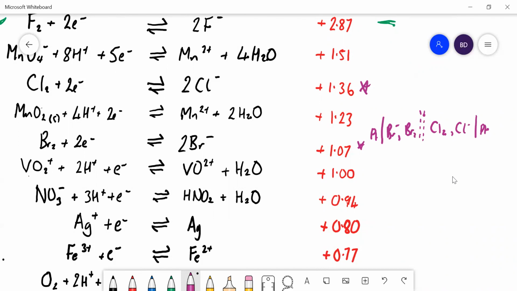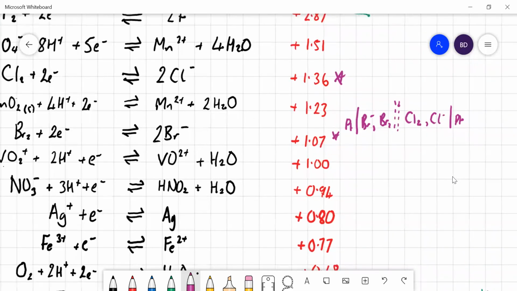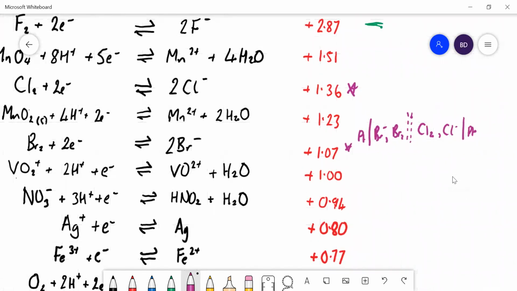Now, if you wanted to know the E cell value for that, what would be the voltage reading for that E cell? The rule is you do E right minus E left. What is E right? It's the chlorine value.